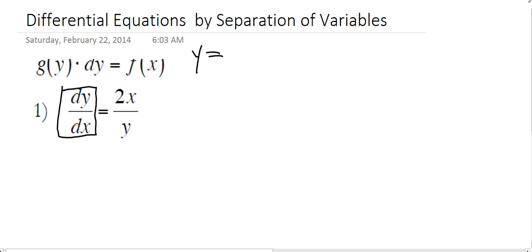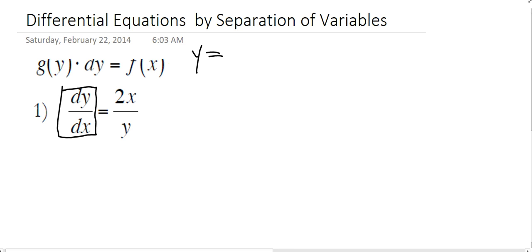So the separation of variables just means we're going to try to get everything with y in it on the left, including the dy, and everything that has a dx in it on the right hand side, and then we're going to take the integral of both sides.